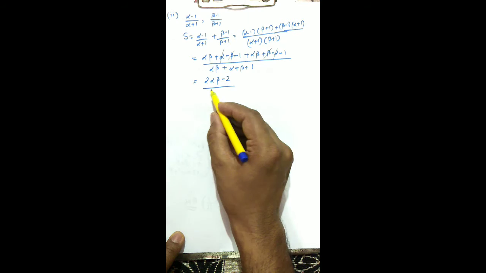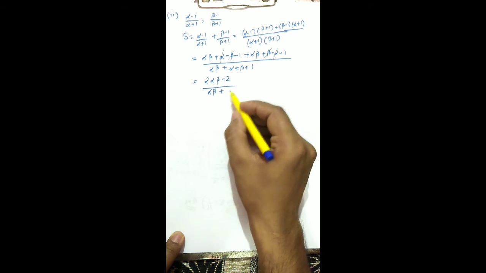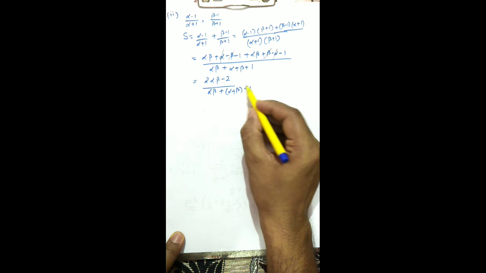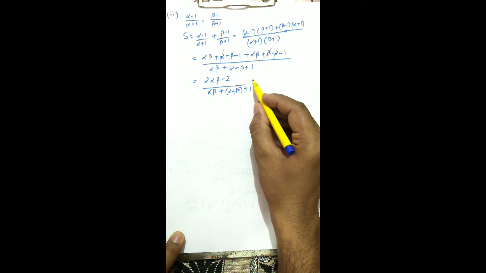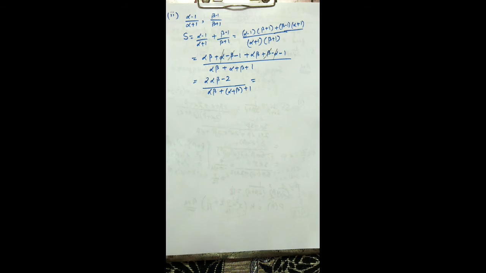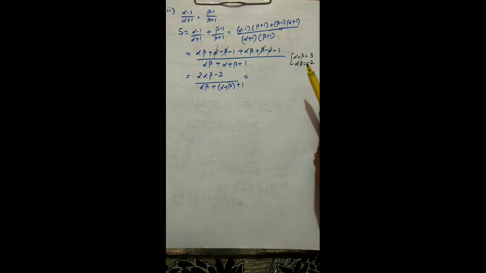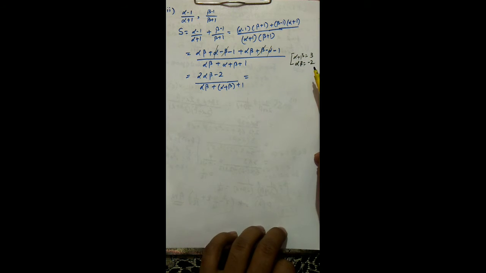And you can see this is alpha beta, you already know the value of this. Alpha plus beta, you know the value of this. And this is 1. So we just substitute the values that we found in the previous part. We know from the previous step that alpha plus beta equals 3 and alpha into beta is minus 2.